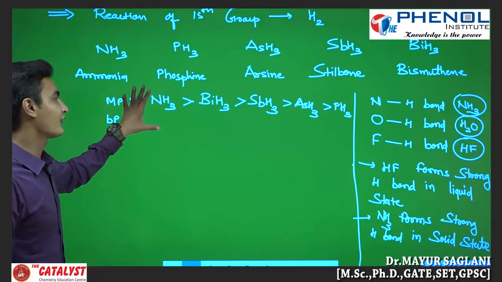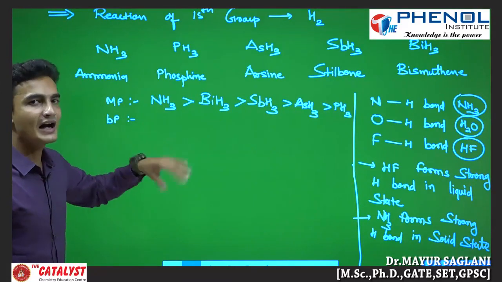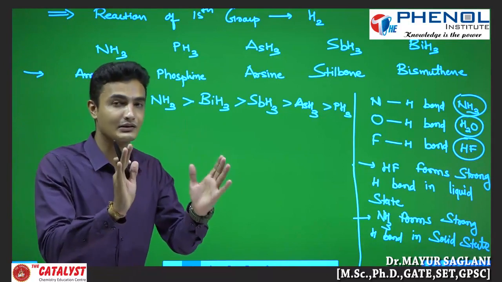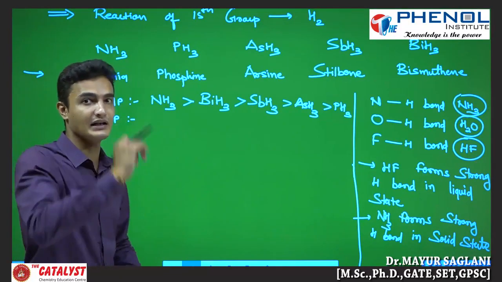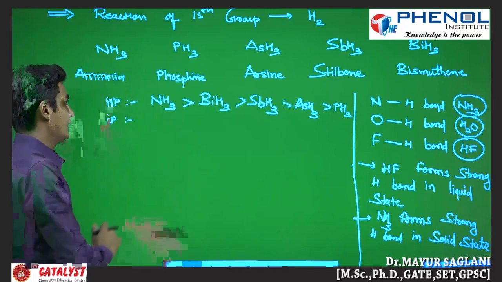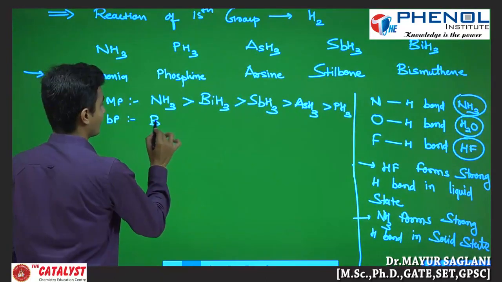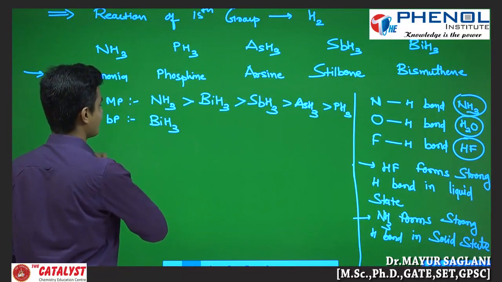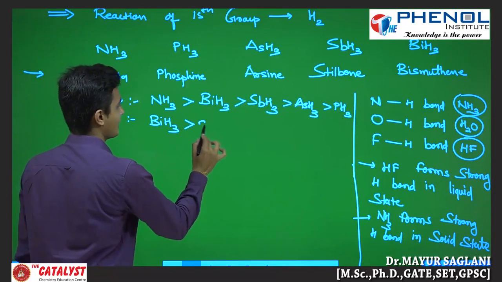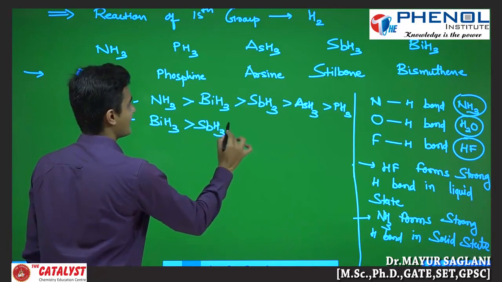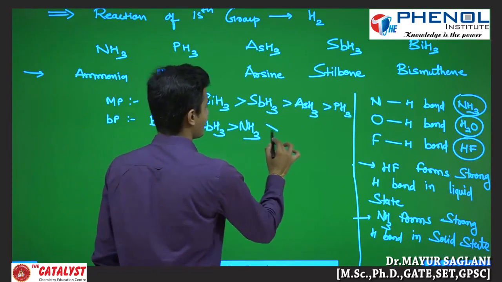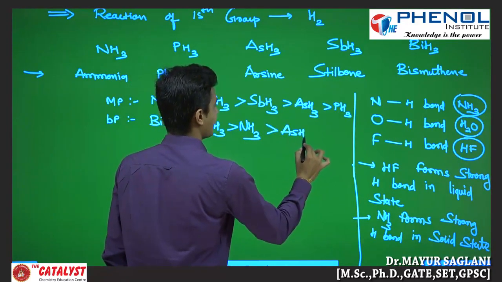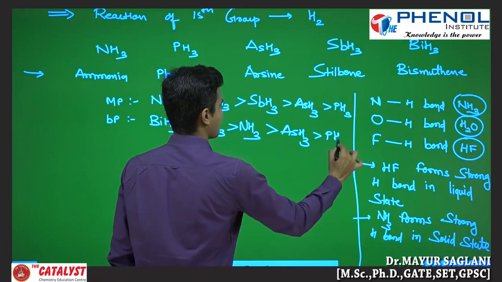So boiling point of nitrogen is higher but not highest. Like in the melting point, NH3 has the highest melting point, but in the boiling point it will be higher but not highest. So highest would be BiH3, then SbH3, then in the middle we will write NH3, and then AsH3 and then PH3.